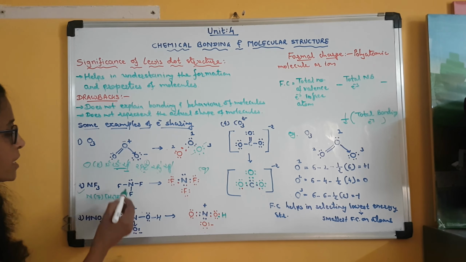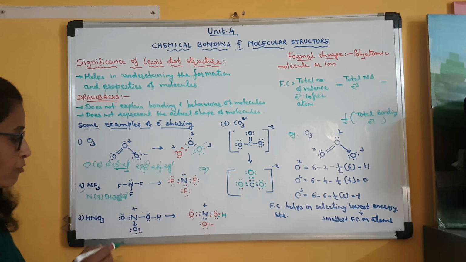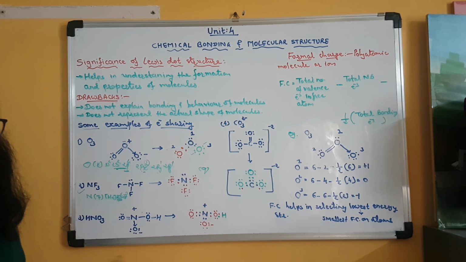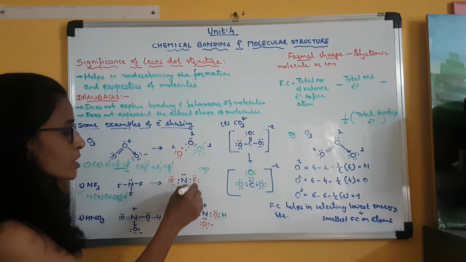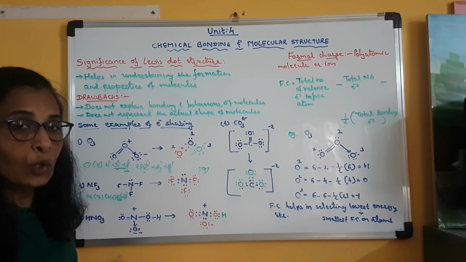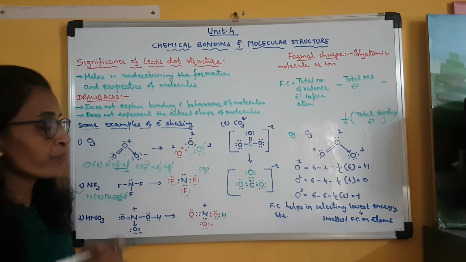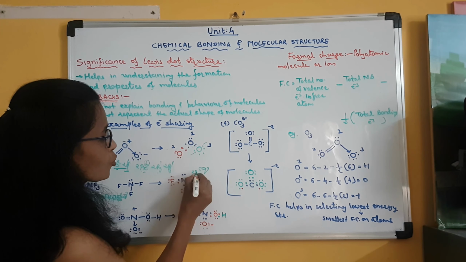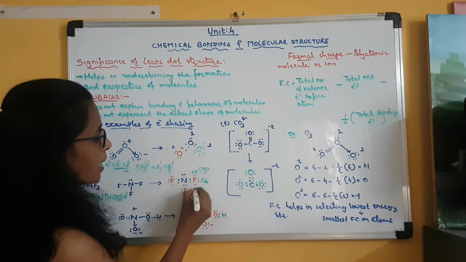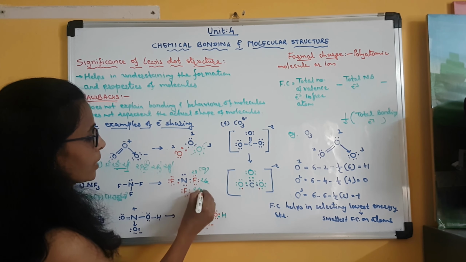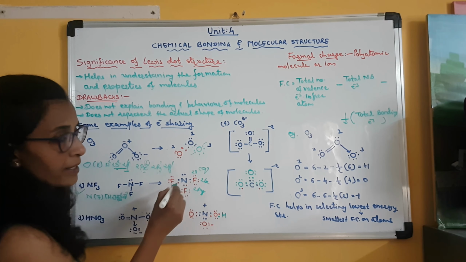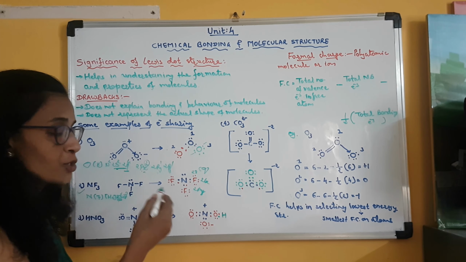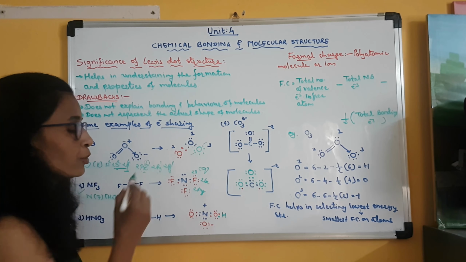So nitrogen has only one lone pair of electrons which is present in the 2s orbital. But the fluorine atoms have 3 lone pairs of electrons which are present in 2s, 2px and 2py. The electron of 2pz has been shared with the nitrogen atom.